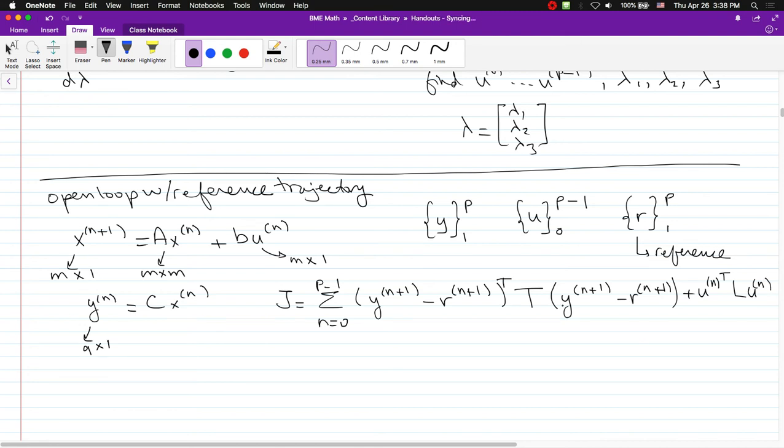Okay, so this is some trajectory cost, and there's some motor cost.